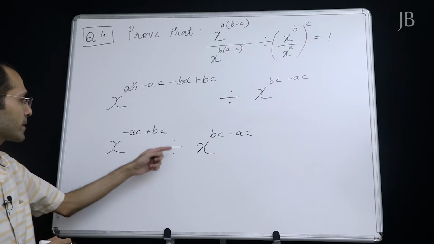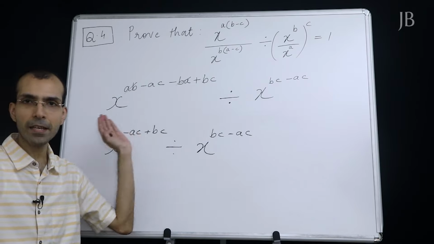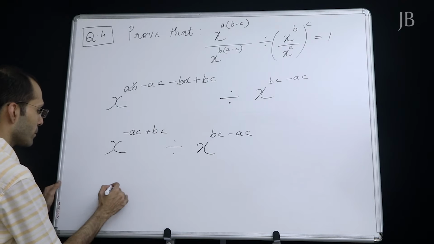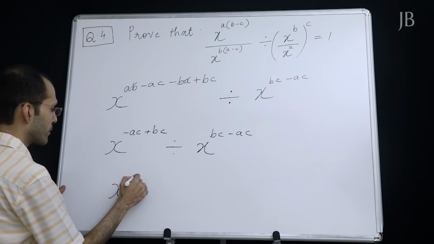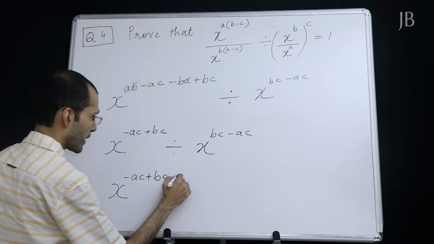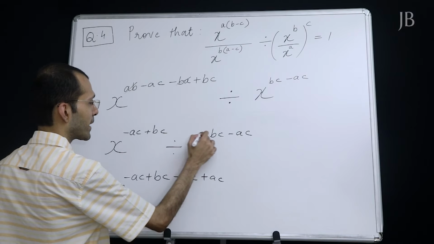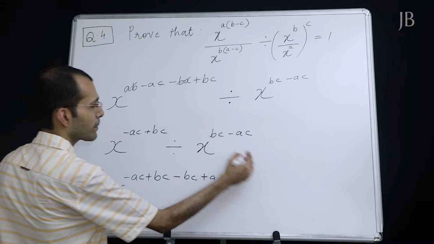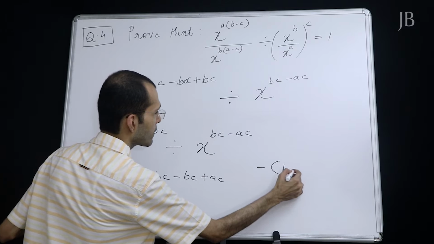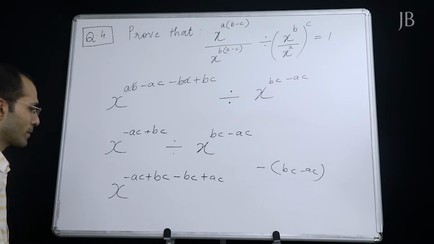Now there is a division sign here, bases are same, so the powers can be subtracted. So this will be x raised to minus AC plus BC minus BC plus AC. We are subtracting this, so when you open the bracket, signs will change.